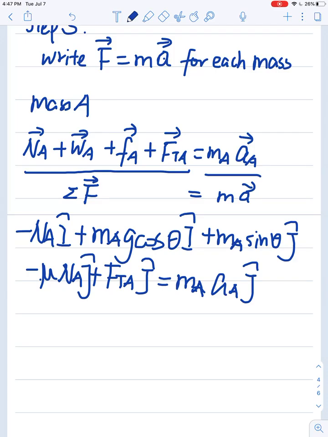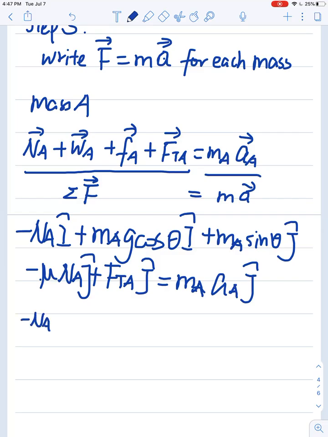Make sure you plug in all the vector form of forces and the vector form of acceleration into this equation, and you will end up with this long equation with i and j components inside. And what you can actually do is organize this equation by putting all the i components together, all the j components together. Okay, let's do that. Let's combine all the i components and j components.